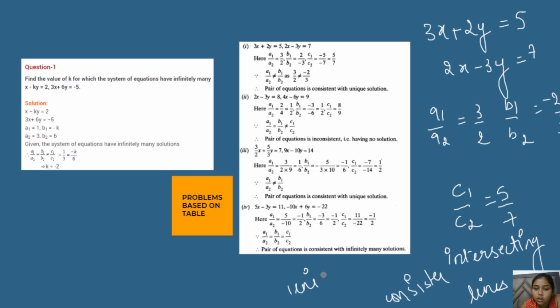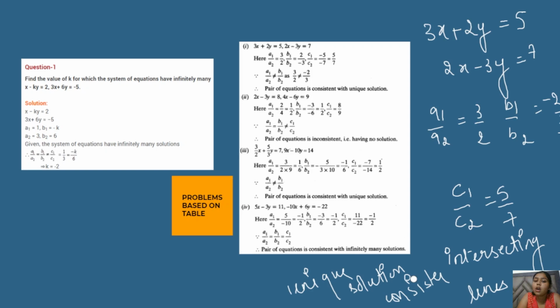This is how you have to solve the problem. You just have to put the values of a1, a2, b1, b2 and c1, c2, and depending on that table, find out whether the given pair of equations is intersecting, coincident or parallel, whether they are consistent or inconsistent, and how many solutions there will be.